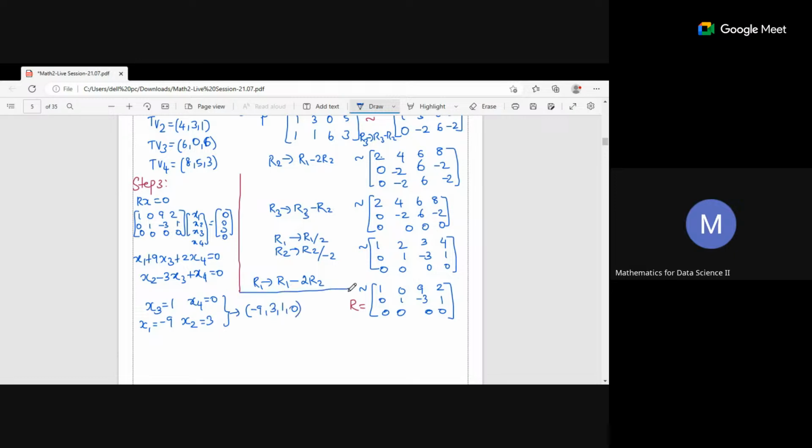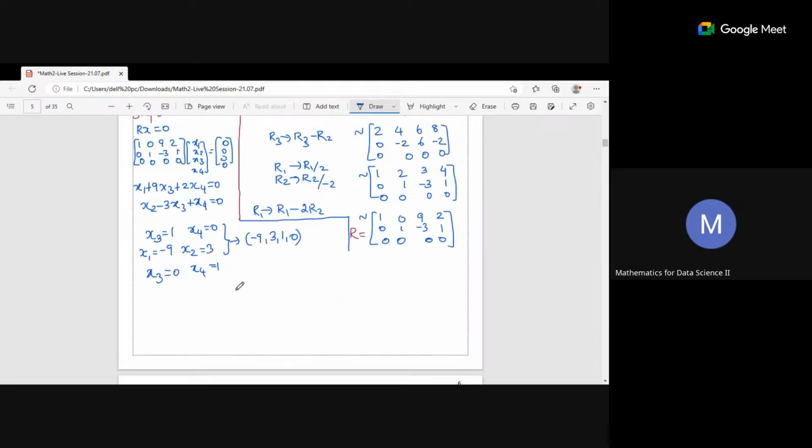Okay. And let us consider x3 equal to 0 and x4 equal to 1. In this case, what will be the answer for x1? Minus 2. And x2 is minus 1.